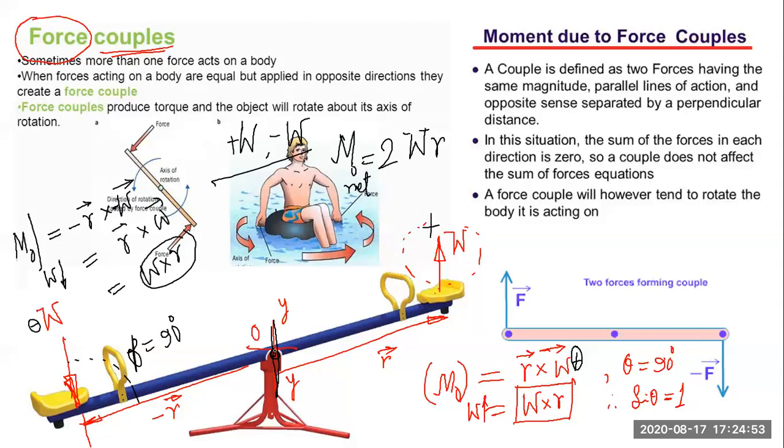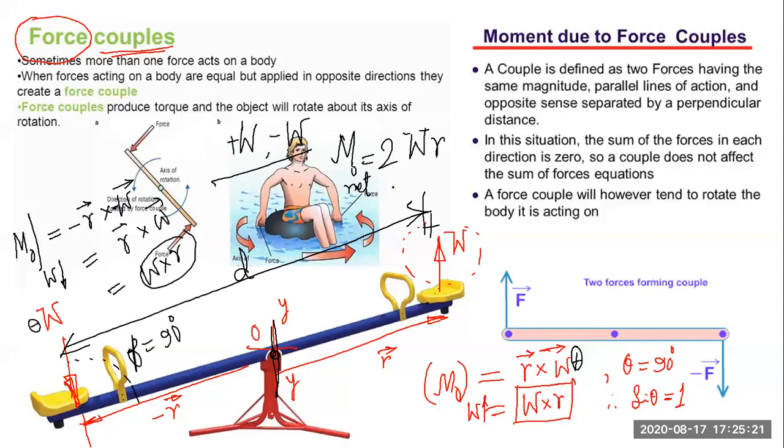What is 2R? 2R means the length from here to here. This is your 2R. That means the distance between the two ends of the seesaw where the two forces are applied, the perpendicular distance between the two lines of action of the two forces.